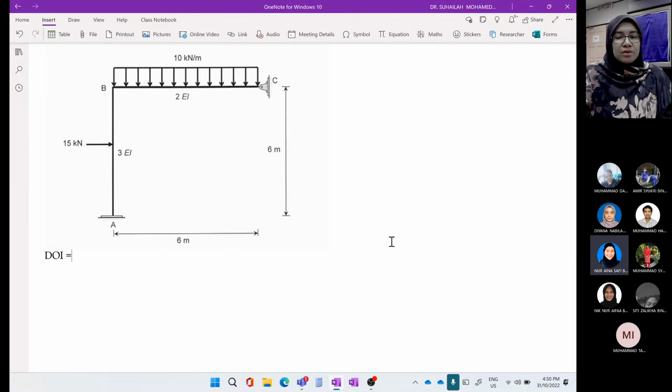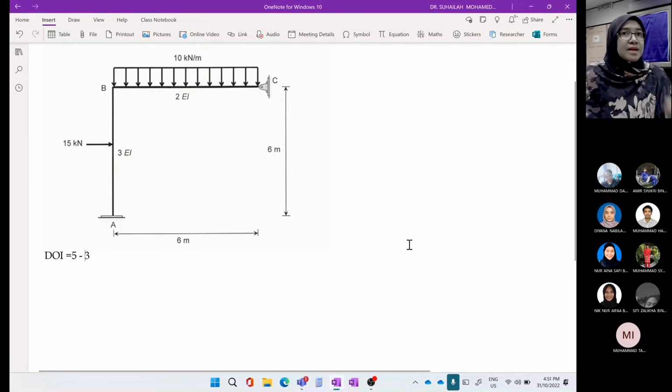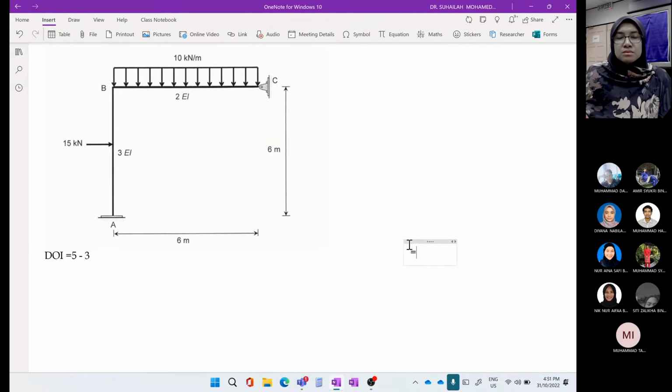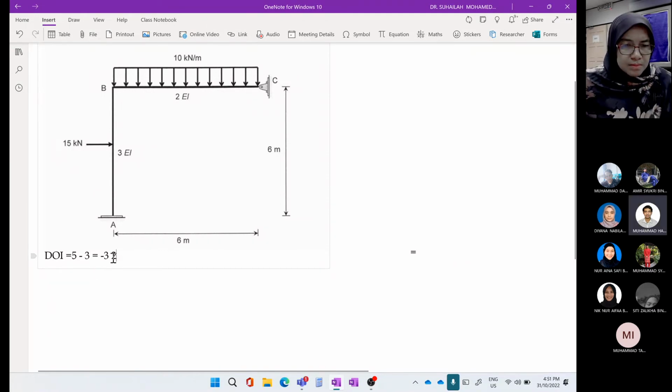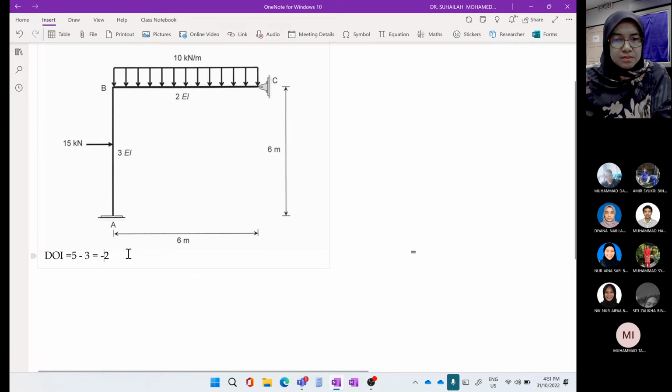We have to calculate the degree of indeterminacy, DOI. It is a simple formula, just the difference between 5 unknown reactions and 3. The difference is equal to 2.